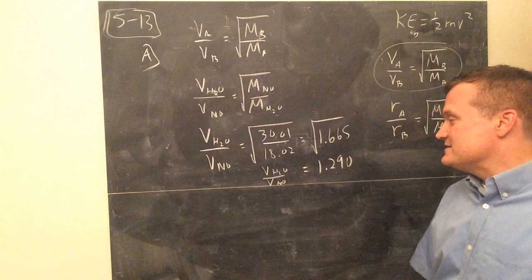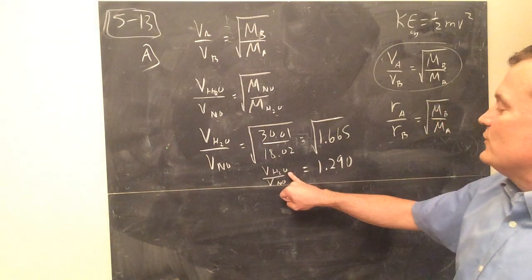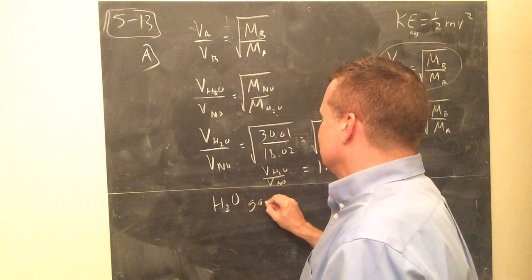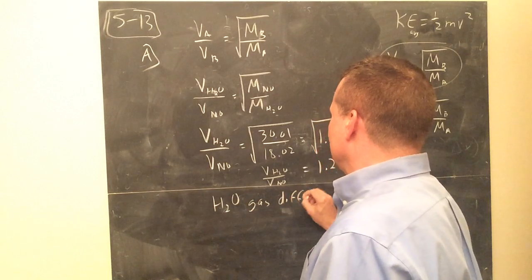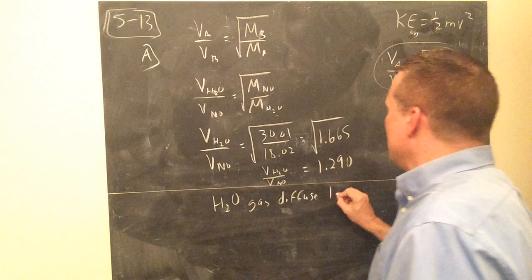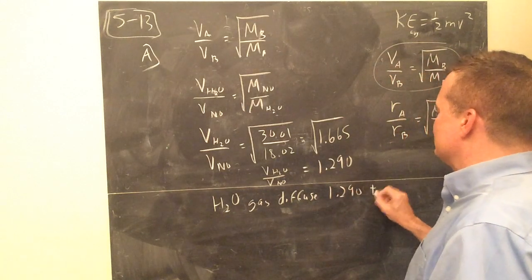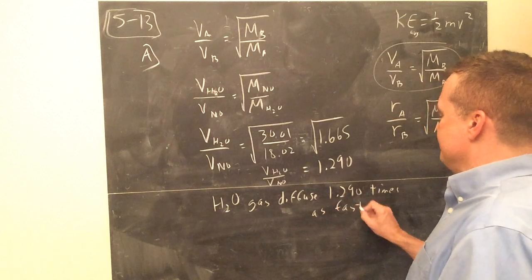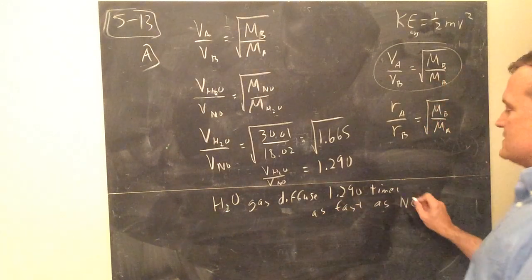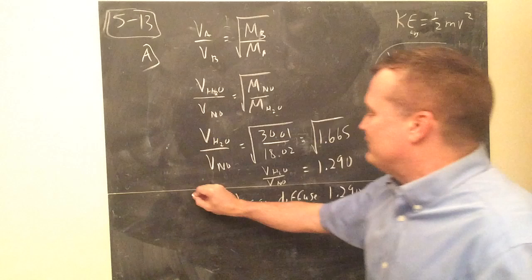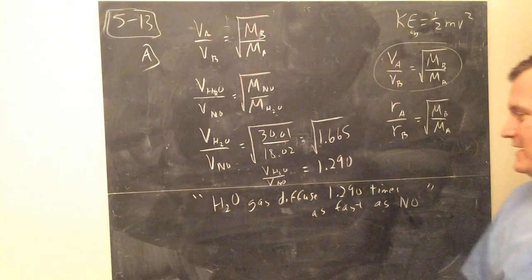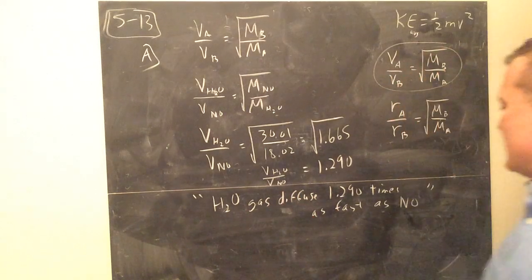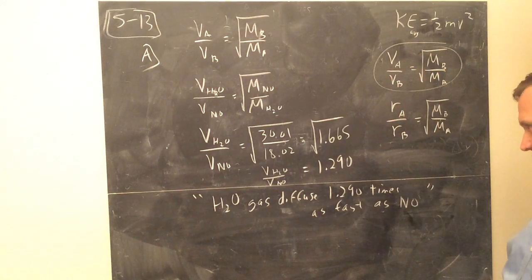What that means is water vapor, H2O, water gas, diffuses 1.290 times as fast as nitrogen monoxide. You need to make a statement like that in your problem. Water vapor diffuses at 1.290 times as fast as nitrogen monoxide does.